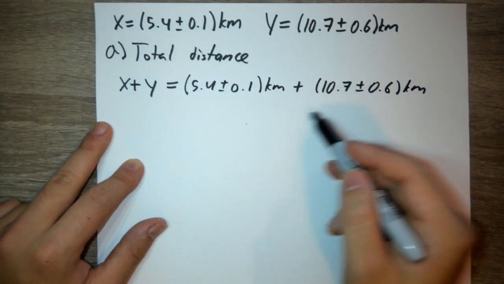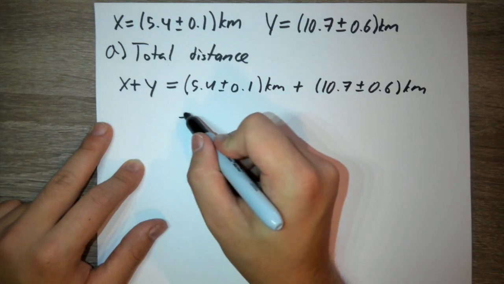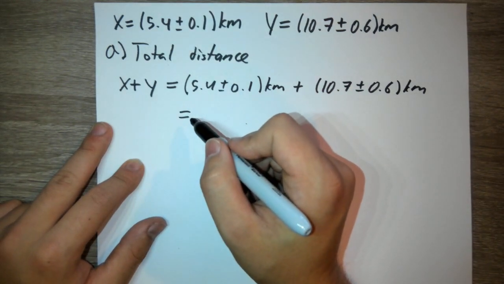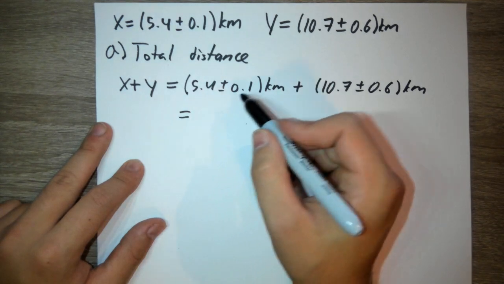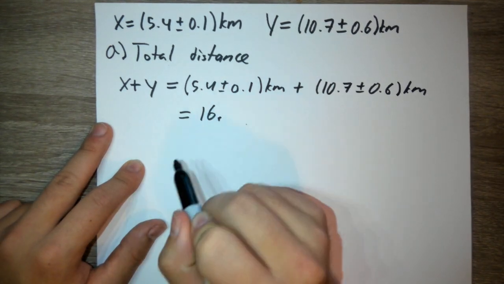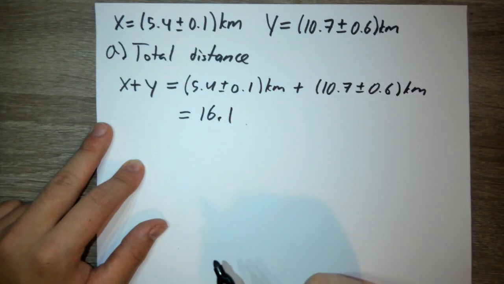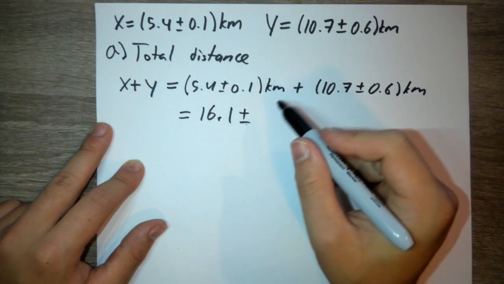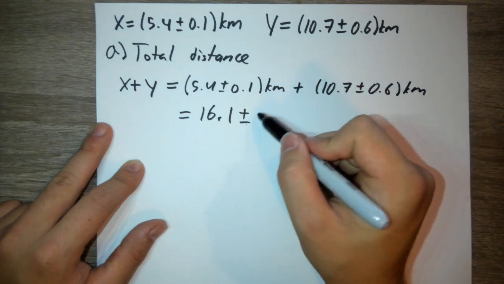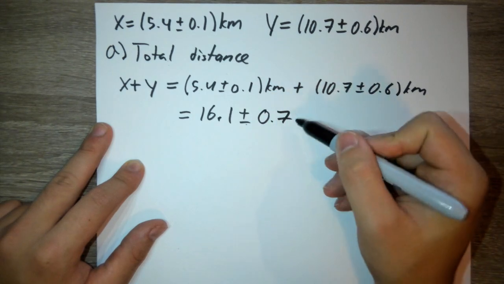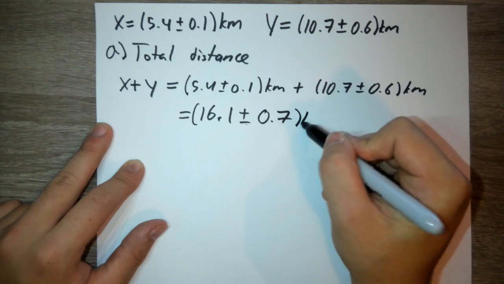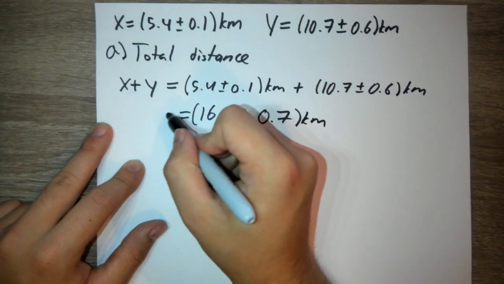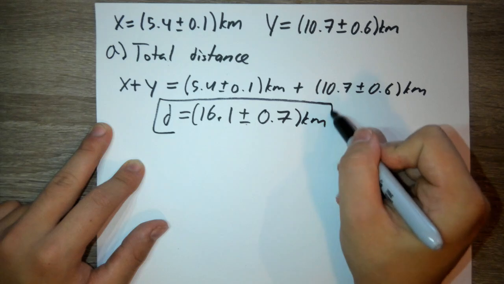So we can add these two together, the two values, which would be 16.1 plus or minus, we add the two uncertainties together, 0.7 kilometers. So that's our total distance.